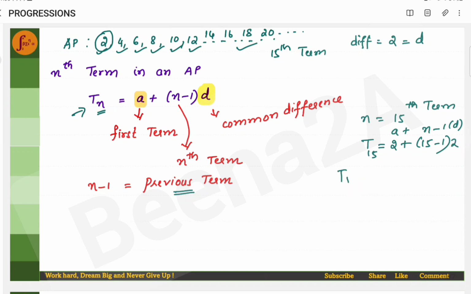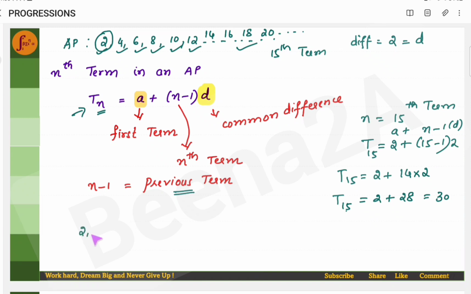So now what will be T15? T15 will be 2 plus 14 into 2. This is going to be 2 plus 14 into 2 is 28, which is 30. So T15 is 30. That means the 15th term in the sequence is 30. See, we can verify now. Let's verify.